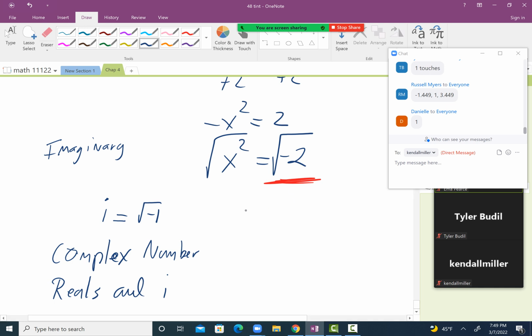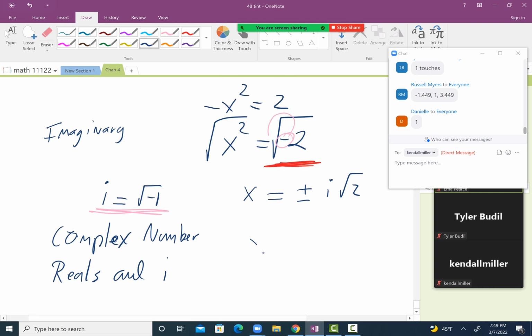If that's the case, then this is just going to be x equals plus or minus i square root 2. So what happens is that the negative comes to the outside and becomes an i, because i is equal to the square root of negative 1. So if we rewrote this, we could rewrite it as the square root of negative 1 times the square root of 2.